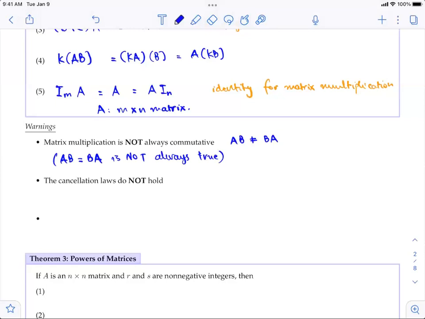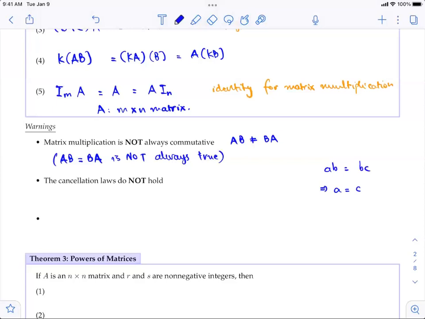And because of that, the cancellation law does not hold in this manner. Usually, for example, if you have AB equal to BC, you can do the cancellation on both sides and get A equal to C. That's for the regular math that we do.